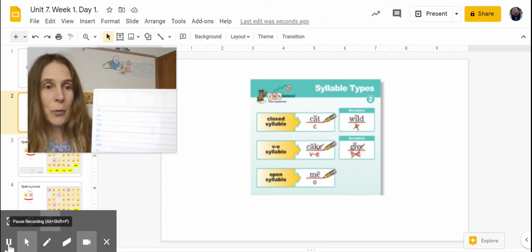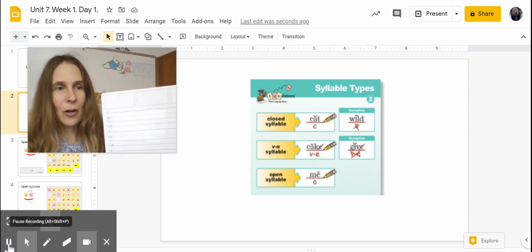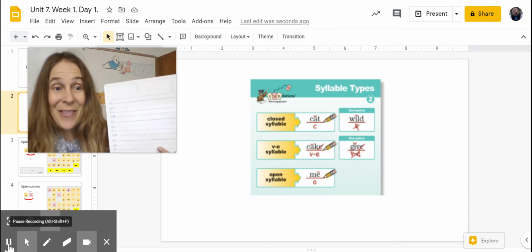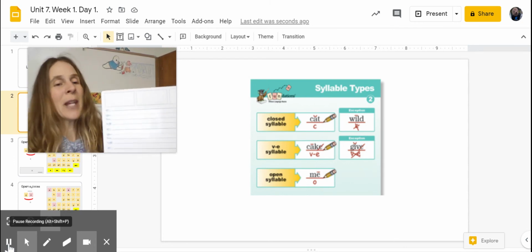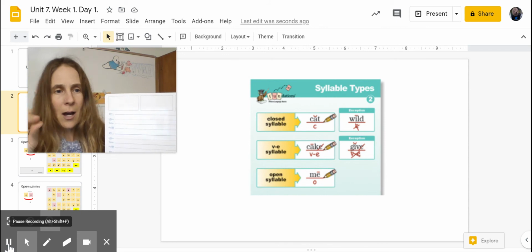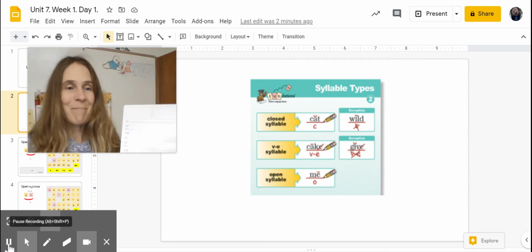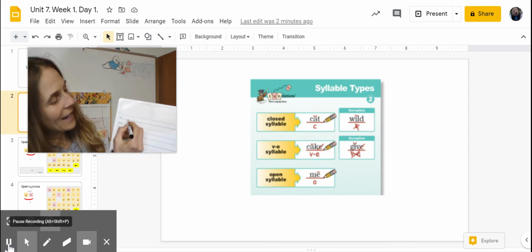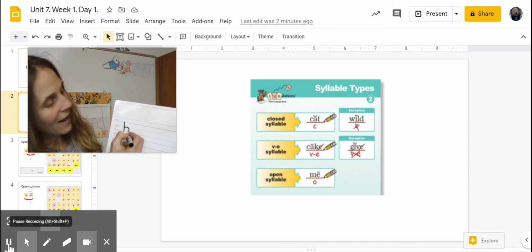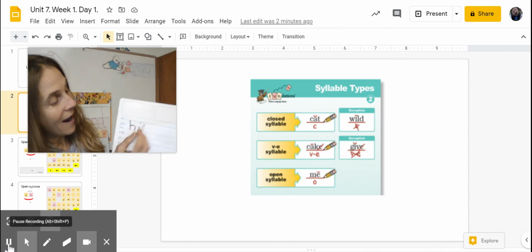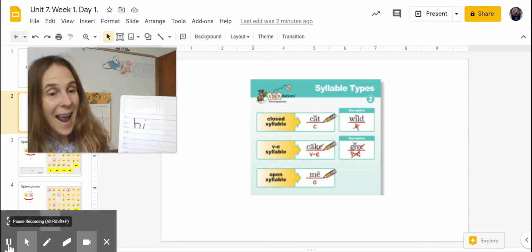So the first word we're going to write is the word high. This is an open syllable. And let's tap it out. Igh, high. So I have H, igh, high. Excellent.